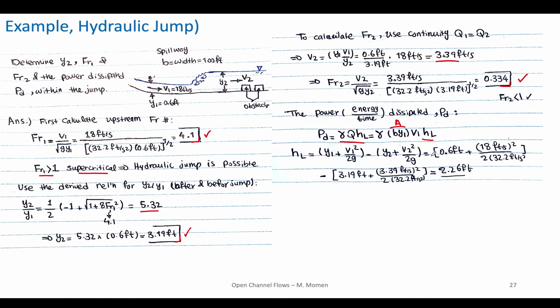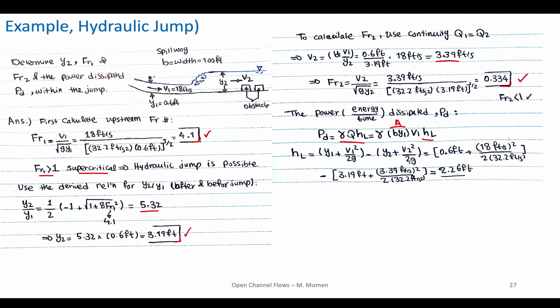Okay, so let's calculate that. Instead of Y1 we have 0.6 foot plus V1 squared, which is 18 foot per second squared, over 2 times 32.2 foot per second squared.